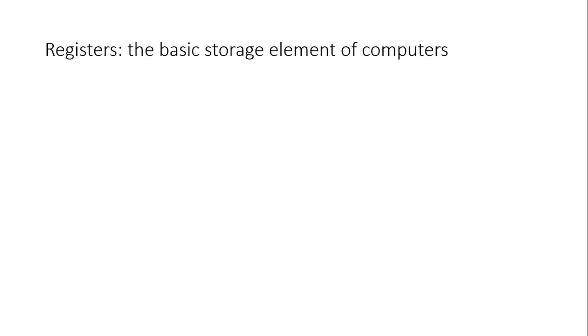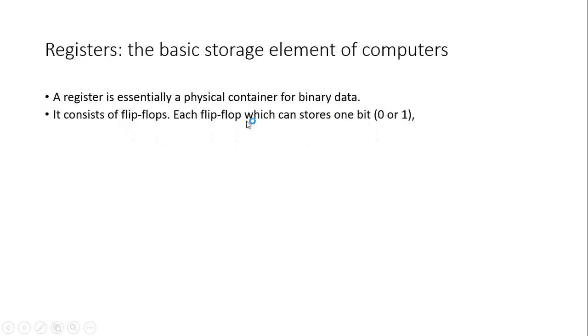Why? Because a register is an electronic component. It is a physical container and it is an electronic component. The name of the component is a flip-flop. Flip-flop is a digital circuit made from transistors, and its function is such that it can either store a 0 or a 1.